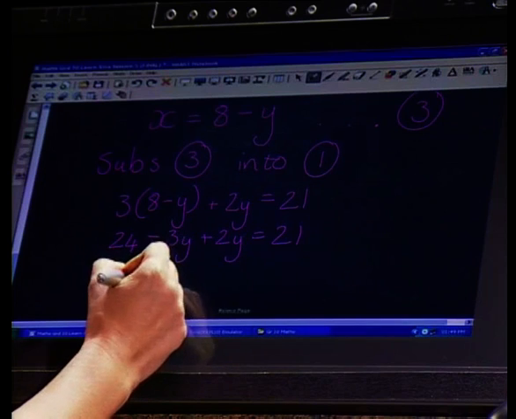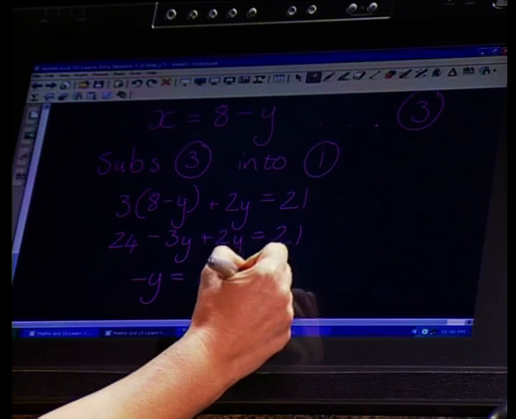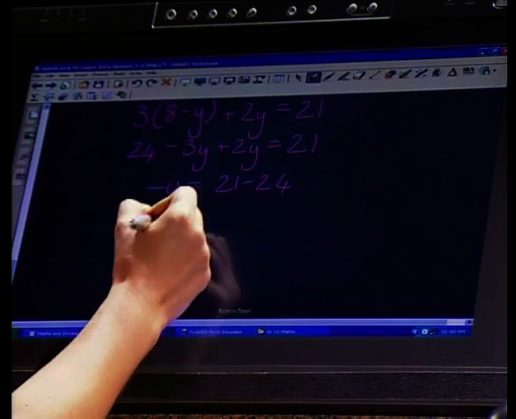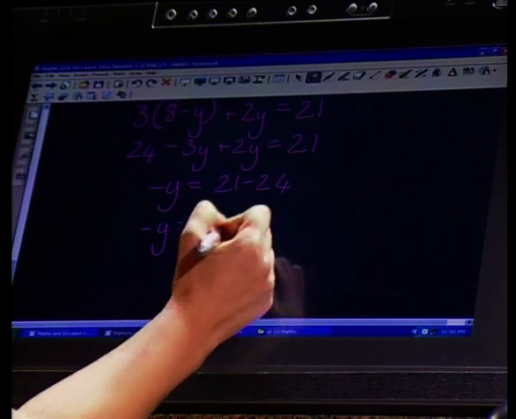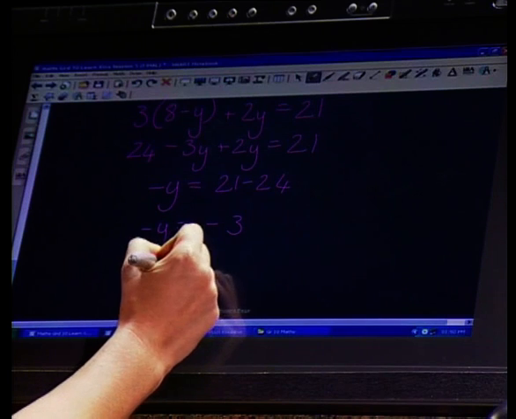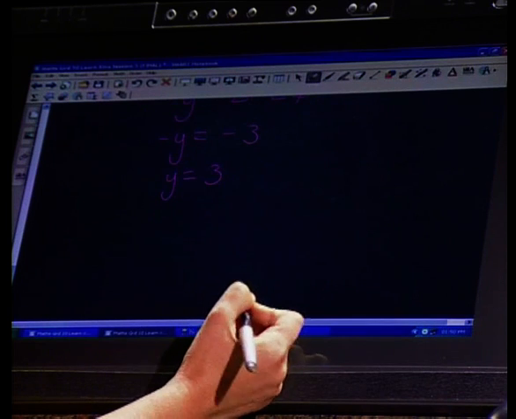And now we have minus y on the left and 21 minus 24 on the right, which means that minus y is equal to minus 3. Multiply both sides by -1 to get that y is equal to 3.